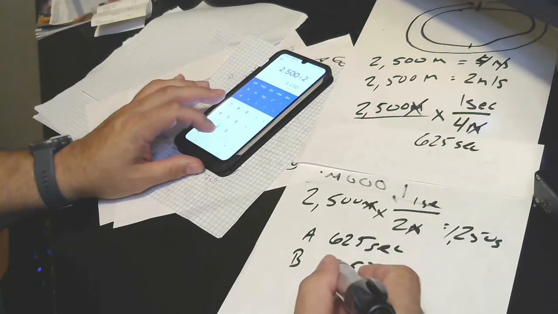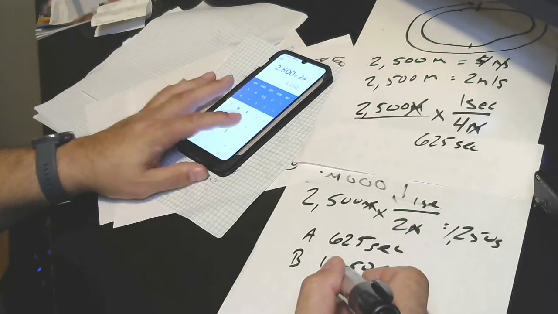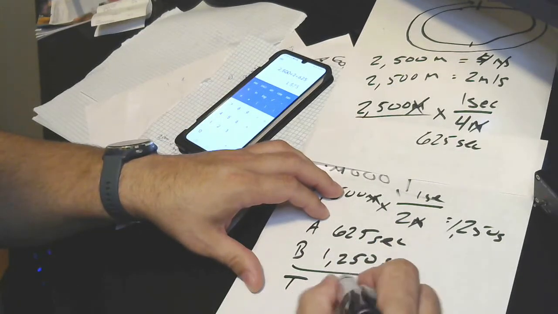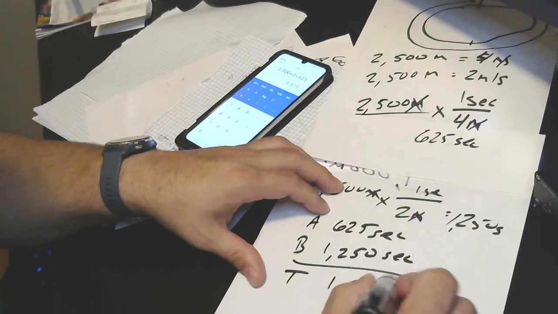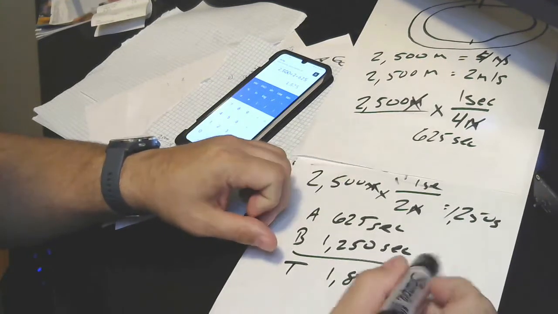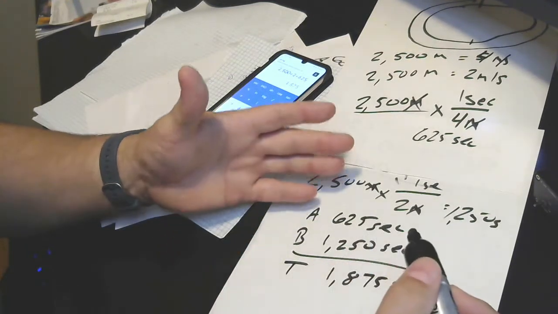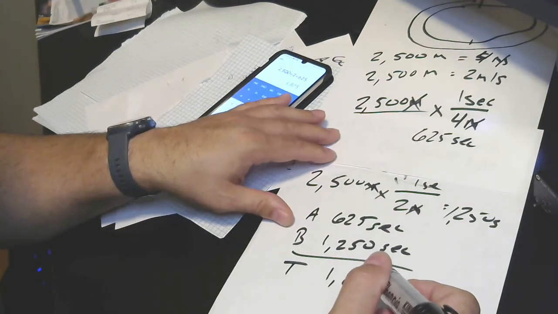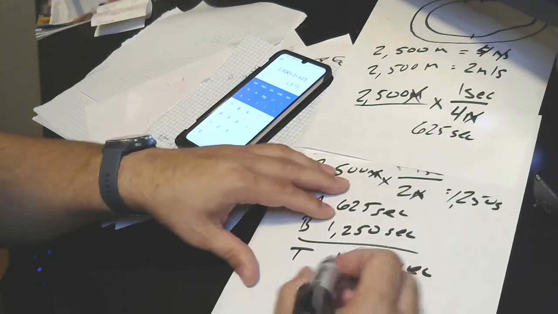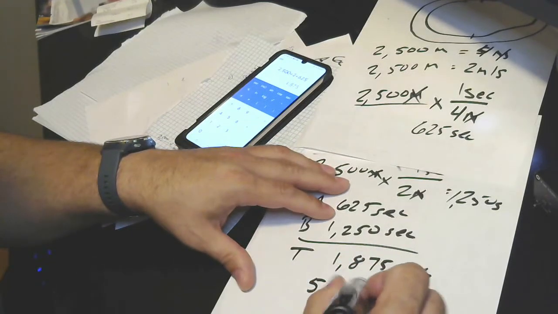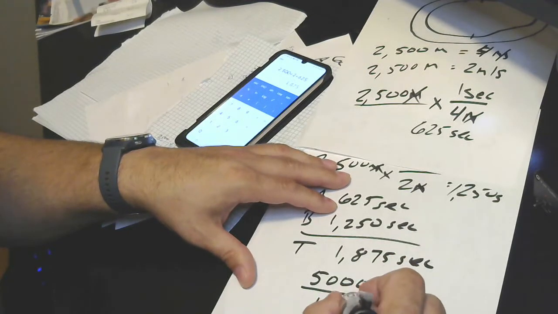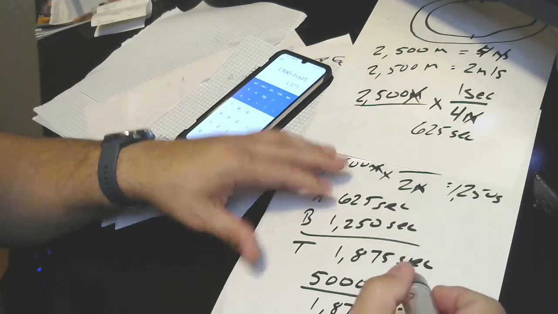So we have 1,250 plus 625. So the total time, T, was 1,875 seconds, right? And in that amount of time, how far did she run? Well, we know that. She ran 5,000 meters in this many seconds, right?